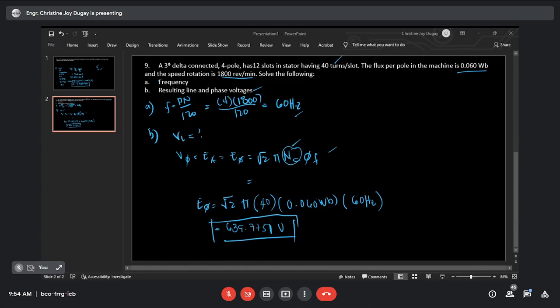Finally, if the stator coil has NC turns of wire, NC turns of wire.